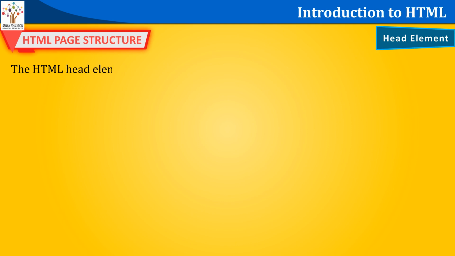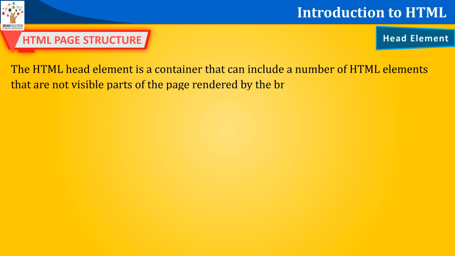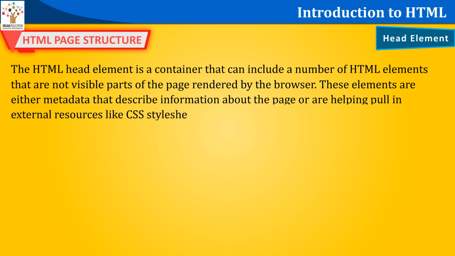The HTML head element is a container that can include a number of HTML elements that are not visible parts of the page rendered by the browser. These elements are either metadata that describe information about the page or are helping pull in external resources like CSS style sheets or JavaScript files.